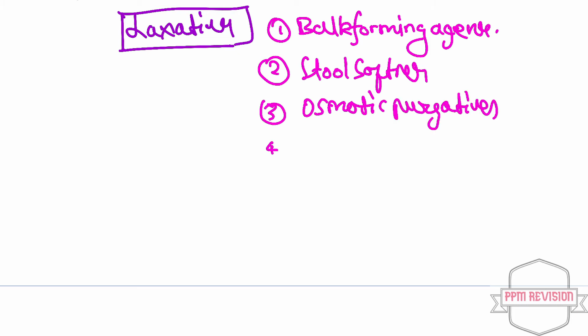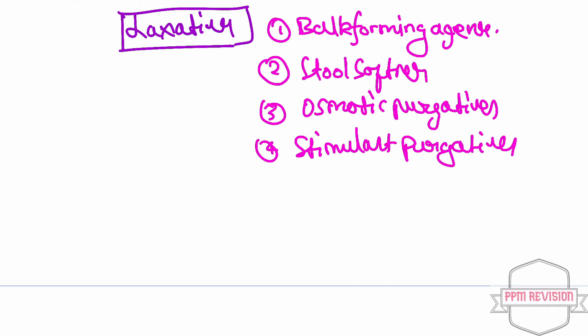And after this, there are the stimulant purgatives. Okay, these are the broad headings. Let me highlight: bulk forming, stool softener, osmotic purgatives, and then the stimulant purgatives.